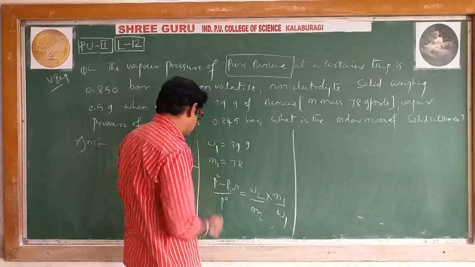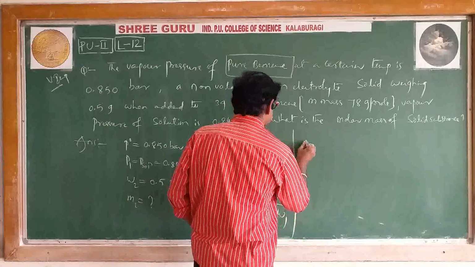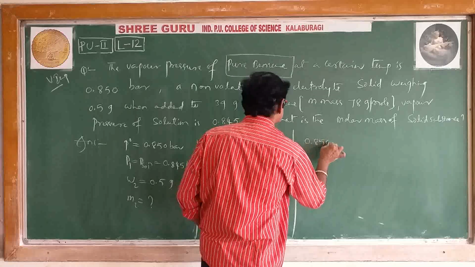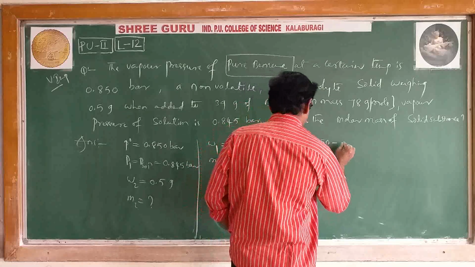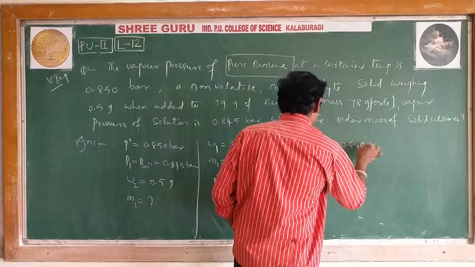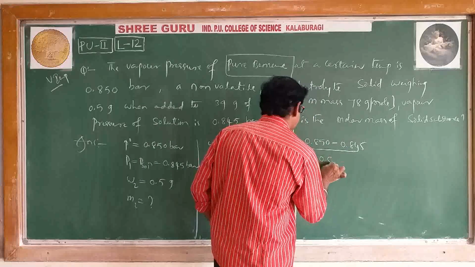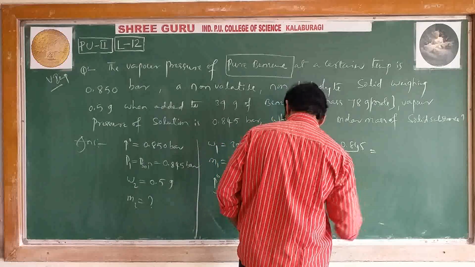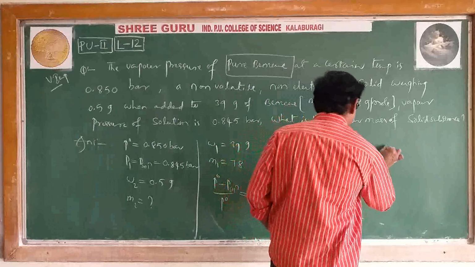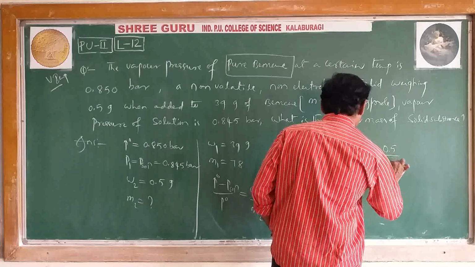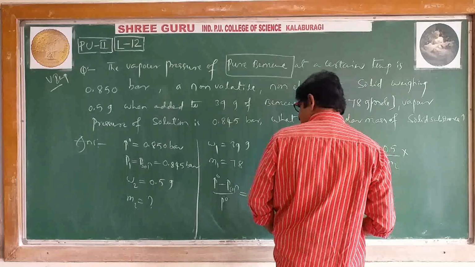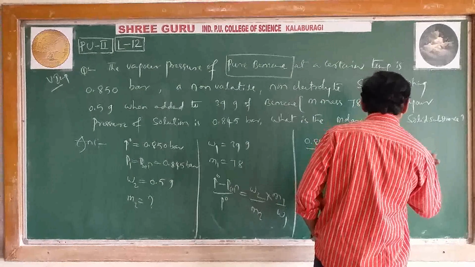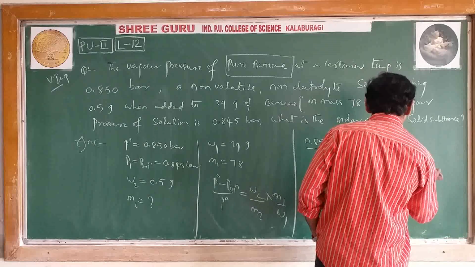Now we'll substitute. P naught 0.850 minus 0.845 divided by 0.850 is equal to W2 0.5 by M2, only M2 we are calculating, M1 78 divided by 39.